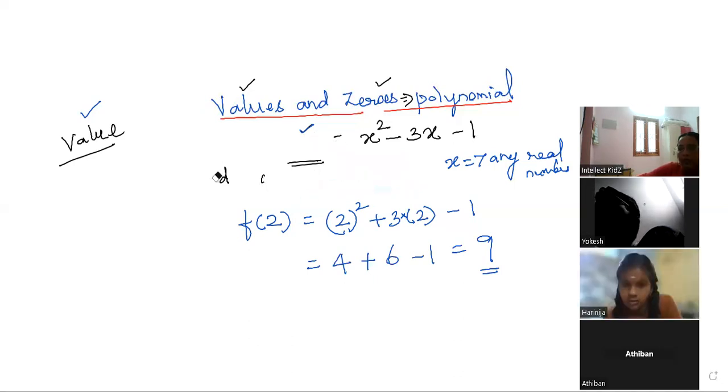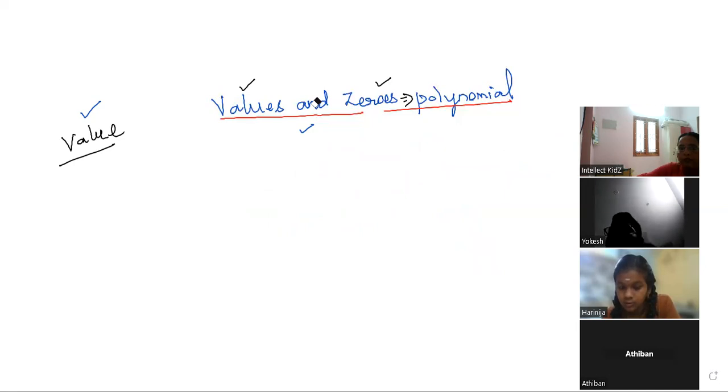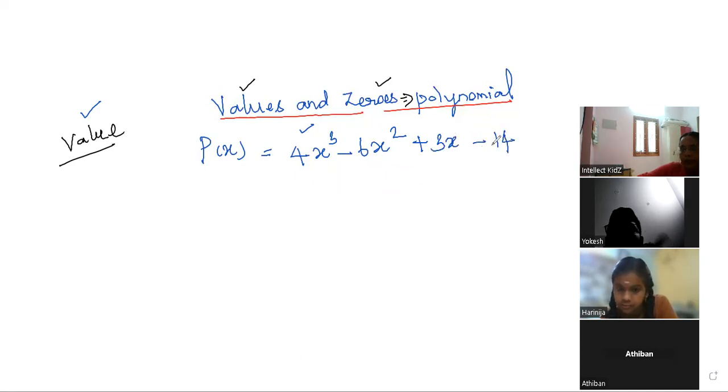Let p of x is equal to 4x cube. இதுக்கு நான் சொல்ற values எல்லாம் find out பண்ணுங்க. The polynomial p of x is equal to 4x cube minus 6x square plus 3x minus 14.